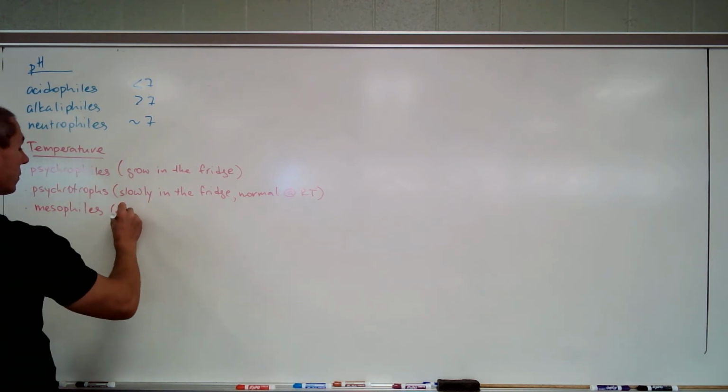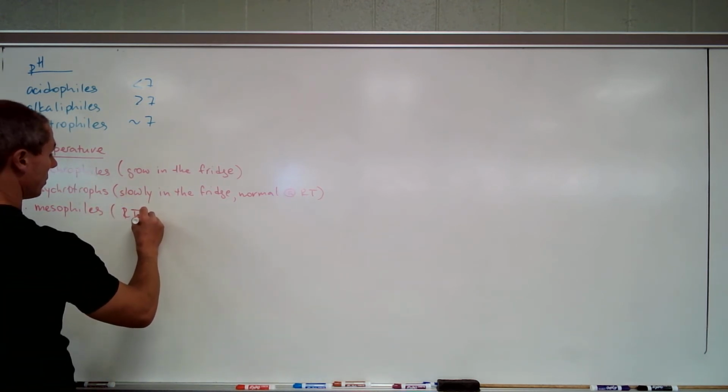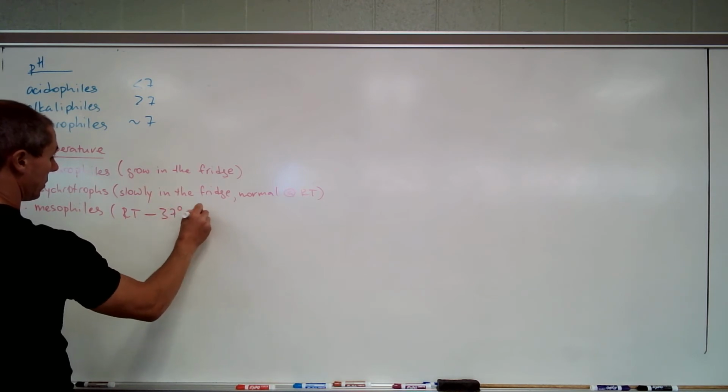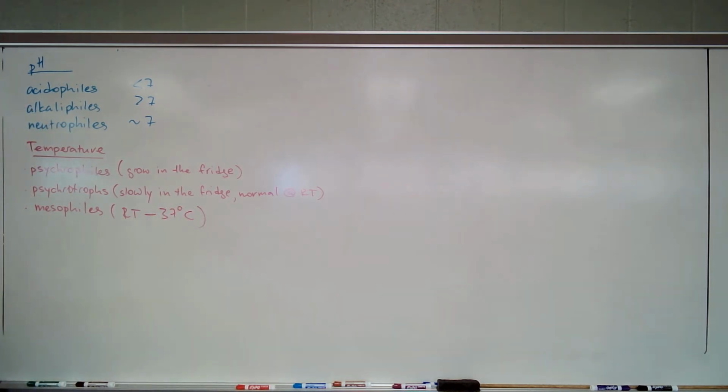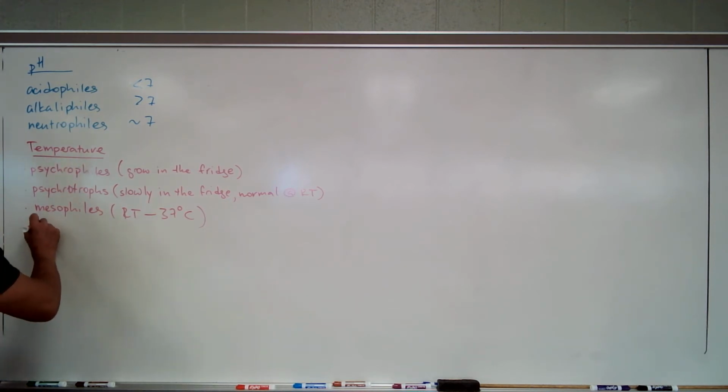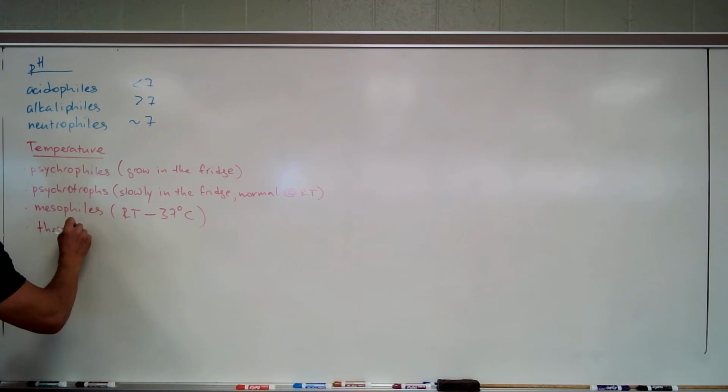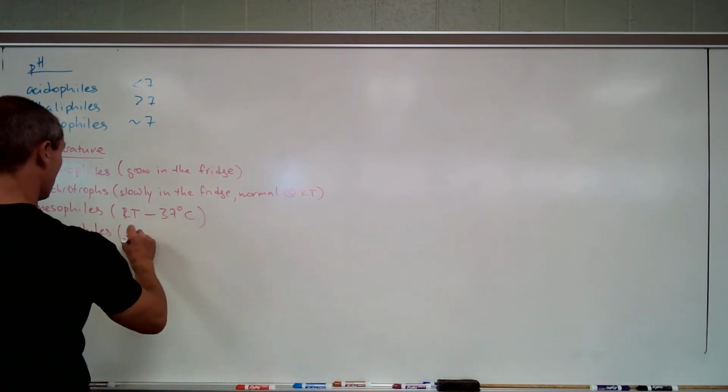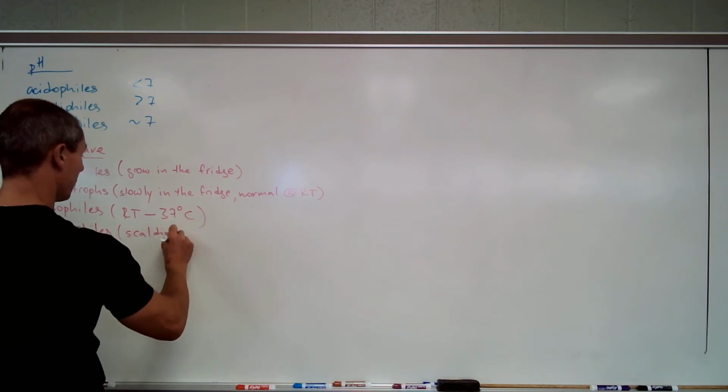Mesophiles. Room temperature, 37 Celsius. Okay, human pathogens. Most human pathogens are here. You good? Good? Thermophiles. Scalding water.